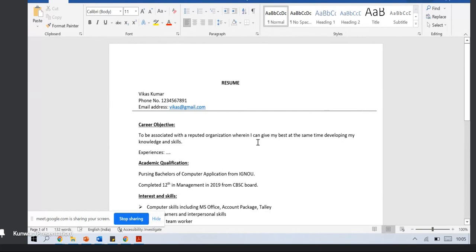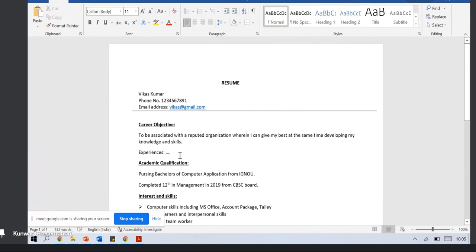I have mentioned that I will give my best and at the same time develop my skills. So it works both ways: you are giving your 100% to a reputed organization, and you are also enhancing your knowledge and skills. This is the resume format for a fresher.